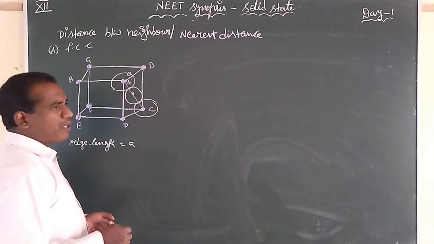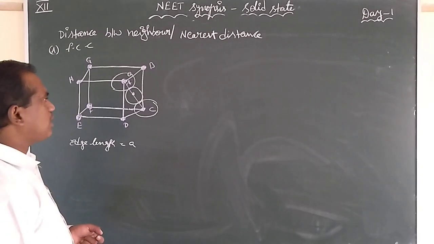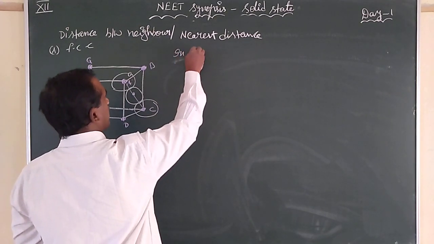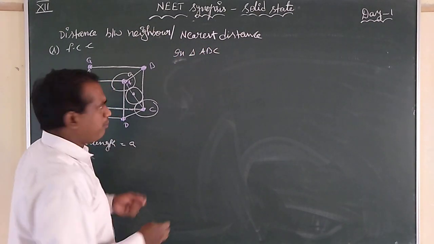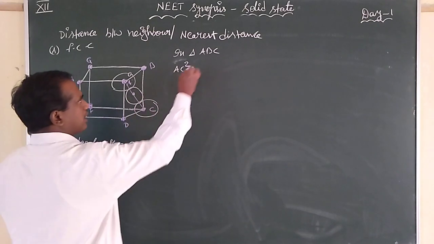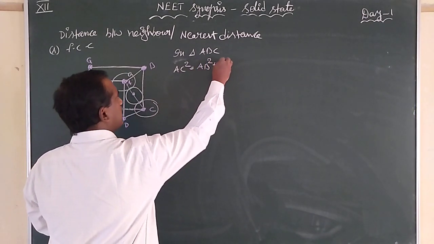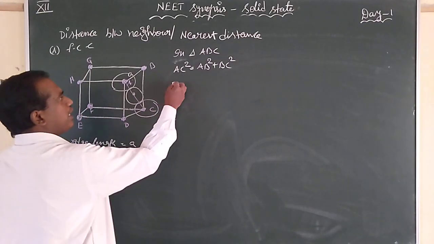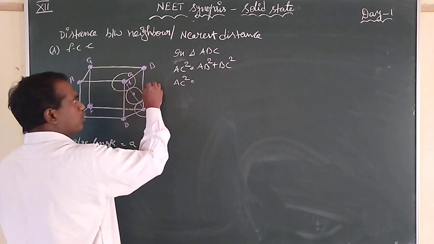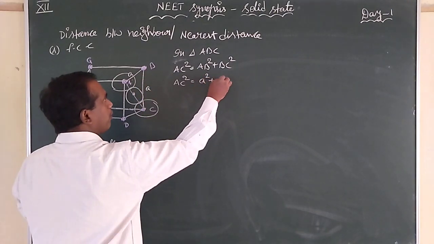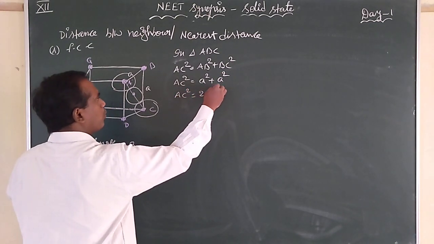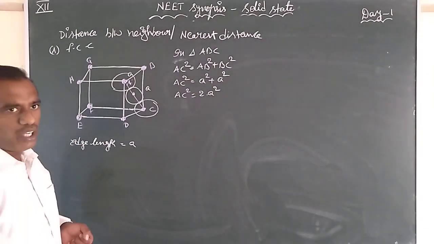According to the Pythagoras theorem, in the triangle ABC, AC square is equal to AB square plus BC square. From A to B, a is there, and B to C also a is there. So a square plus a square. So AC square is equal to 2a square.